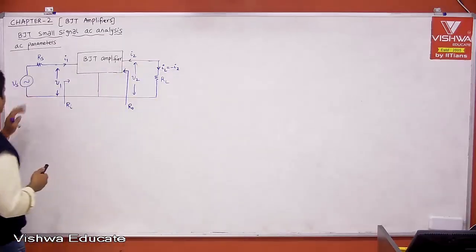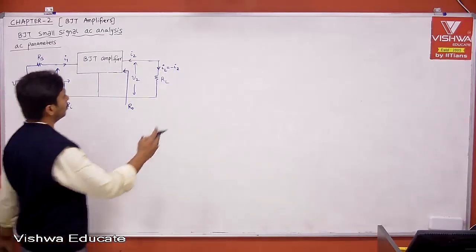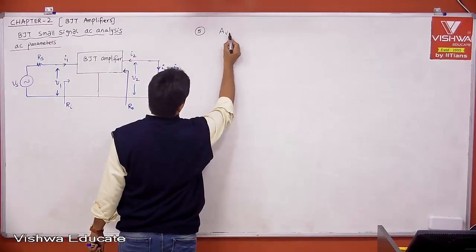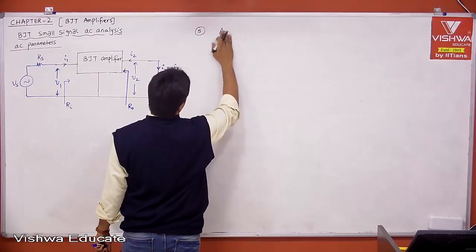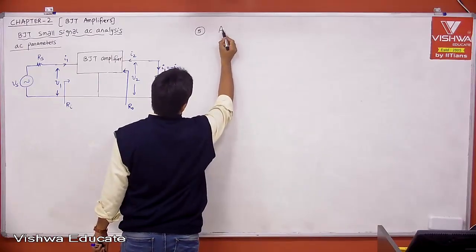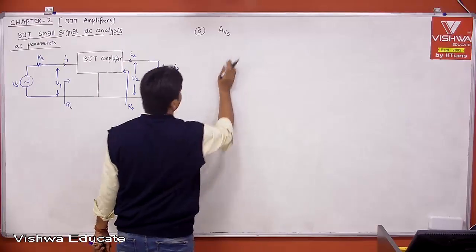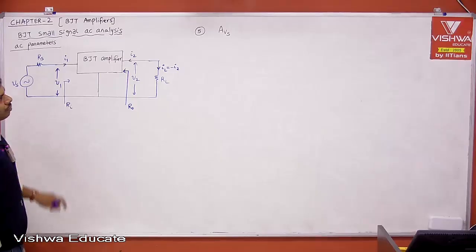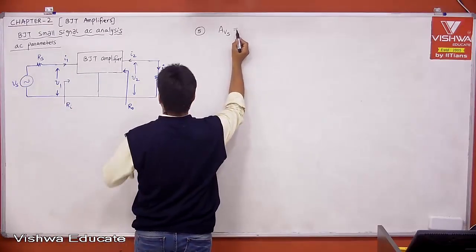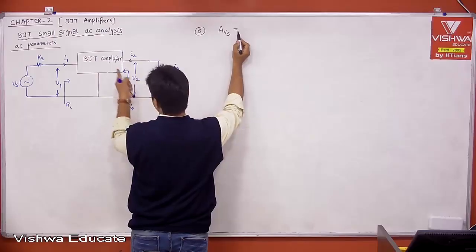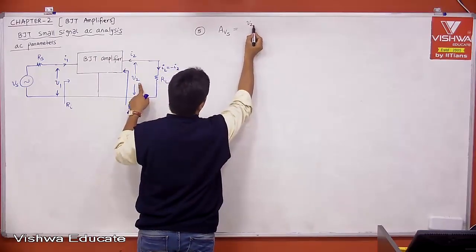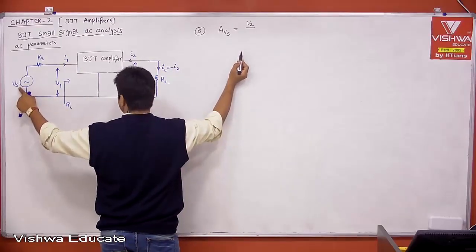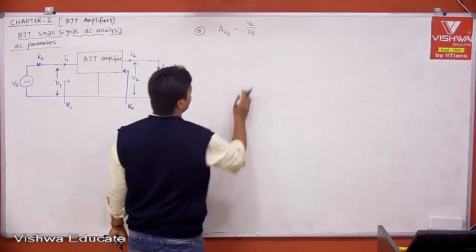First of all, if this is the practical voltage source, then let me speak AVS. What is AVS? The voltage gain with source resistance, real source, therefore voltage gain with respect to the real voltage source. The voltage you are applying to your load is nothing but V2, that is your amplifier output, divided by the input voltage which you are applying from your voltage source, that is Vs. This is your real voltage gain.